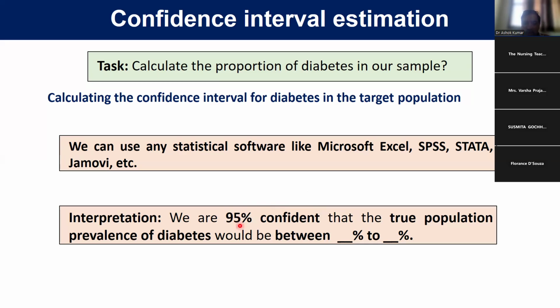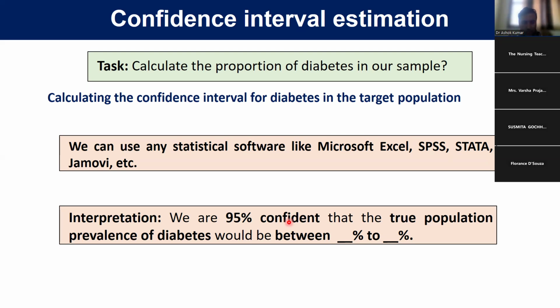Generally in health research, we usually calculate the 95% confidence interval. Even though we can calculate 99%, in health research it is our practice to calculate 95%. So how can we interpret our findings? We are 95% confident that the true population prevalence of diabetes would be between this and this percentage, which we are going to calculate from our data sheet, from our sample.